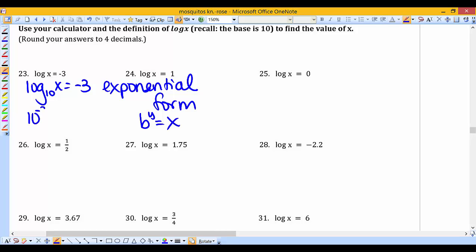It's just 10 to the negative 3 equals x. So now I'm going to use my calculator. So if you don't rewrite this in exponential, you will not be able to do these. So I'm going to go 10 caret negative 3 and x equals 0.001. Don't overthink these. That's how simple these ones are.